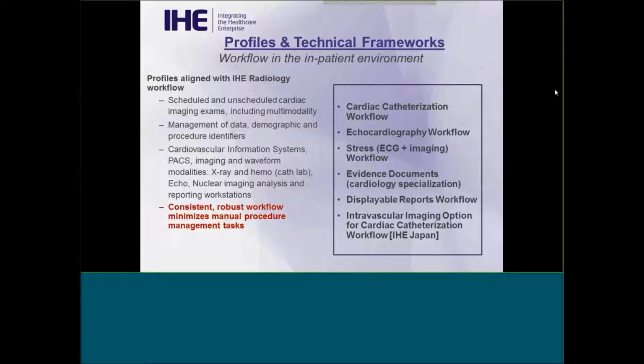It's all about the management of data and demographic information. So it's about the information exchange between cardiovascular information system, PACS systems, imaging and waveform generating modalities. The idea is that we get a consistent, robust workflow and don't have a lot of manual tasks involved in the data entry aspects.